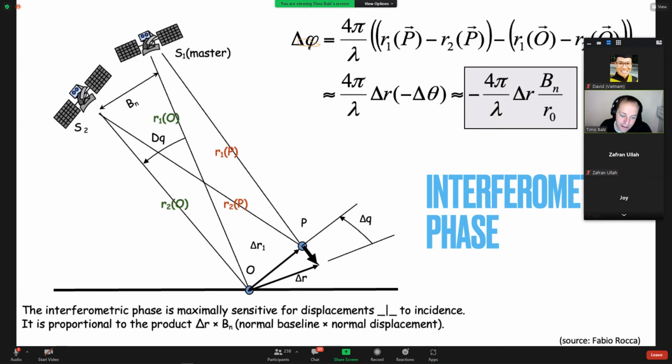You see delta in phase. So we can form a direct relation between the phase differences and, in the end, the height differences.